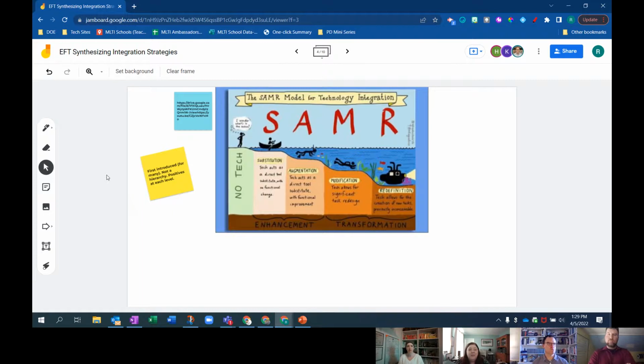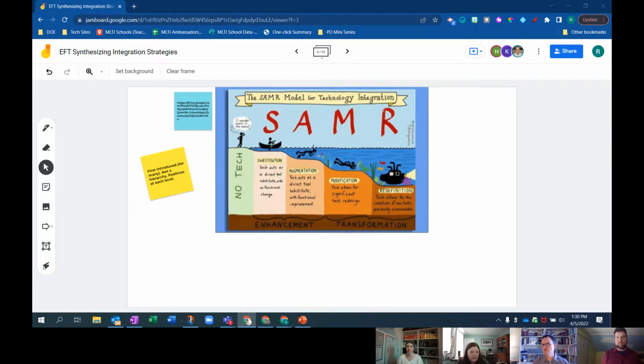Because sometimes substitution is all you really need, but it's not a goal of every lesson. I think it's looking at the totality of what you do when you integrate tech into your classroom. Are you swimming in the deep end? Are you pushing yourself where you can push yourself? And if you're not, then what keeps you stuck in the shallow end? And making sure that you're doing a little bit of both, and pushing yourself where you need to.